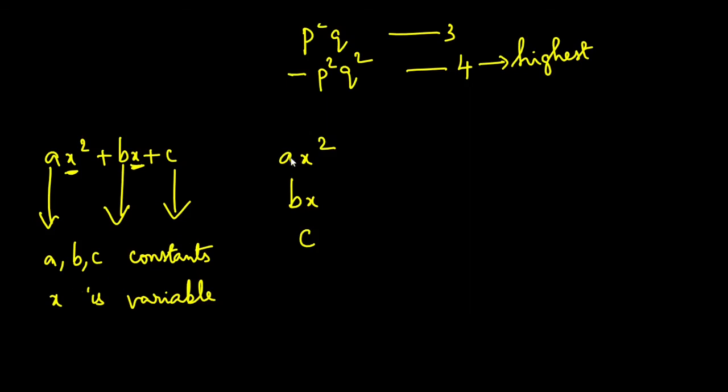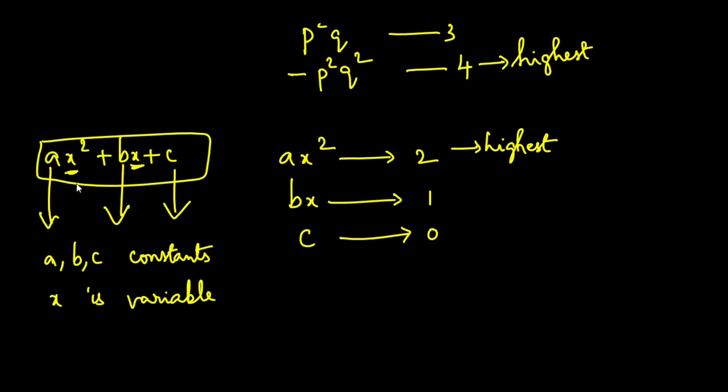So the degree of ax square is 2. The degree of bx is 1. And degree of c is 0. Among these degrees, 2, 1, and 0, 2 is highest. So the degree of this algebraic expression ax square plus bx plus c is 2.